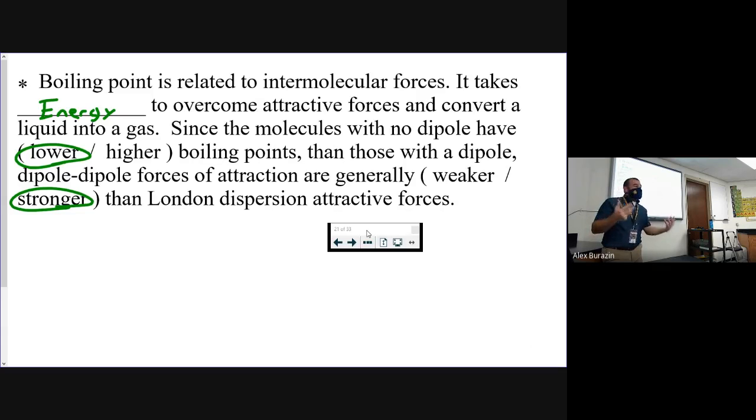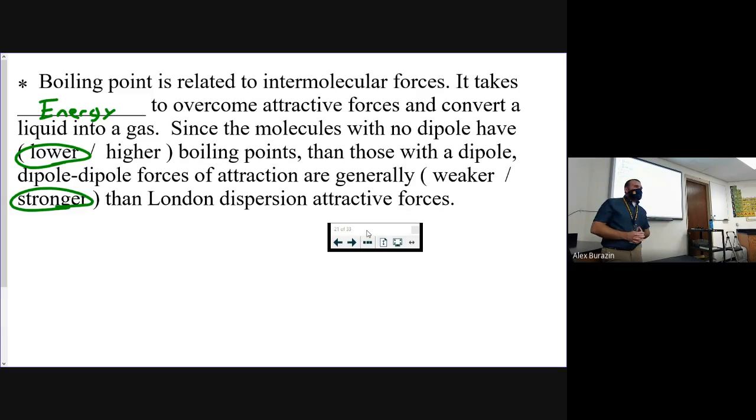And the net sum of those London dispersion forces will give you stronger intermolecular forces overall. Let me say that a different way. Wax, be familiar with wax. It's a solid at room temperature. It is a nonpolar substance. The only intermolecular forces that you have in wax are London dispersion forces.